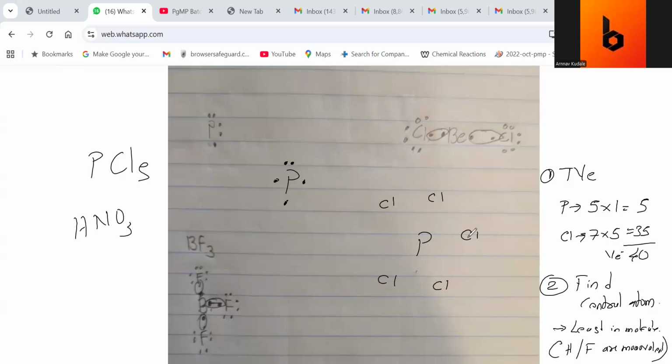So we have one, two, three, four, five. I have tried to disperse them as far as possible from each other.